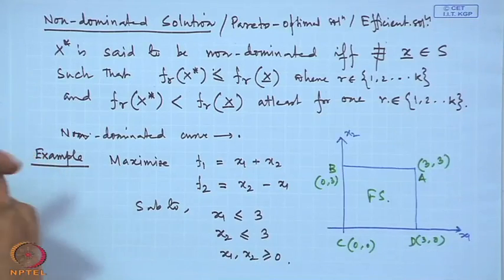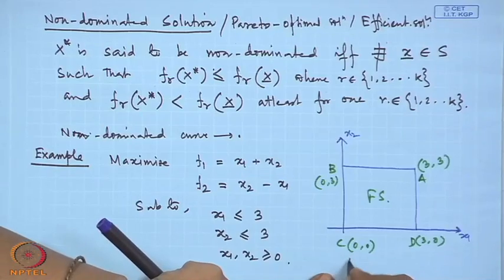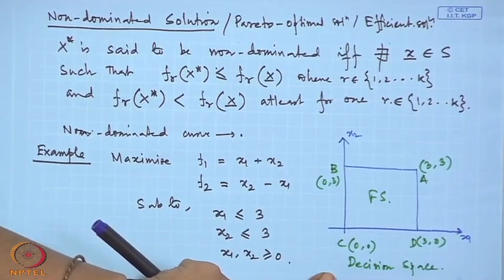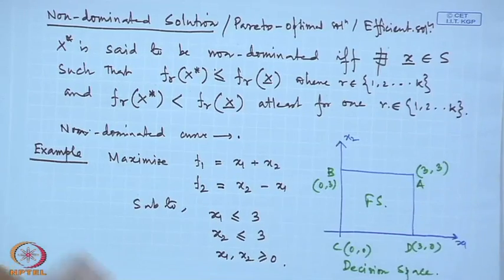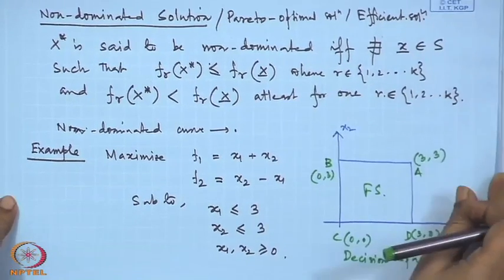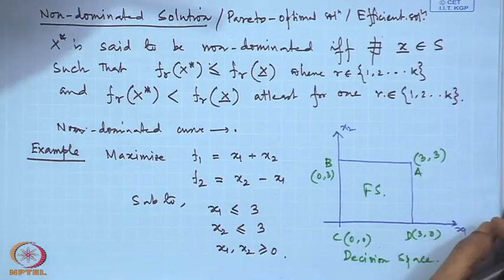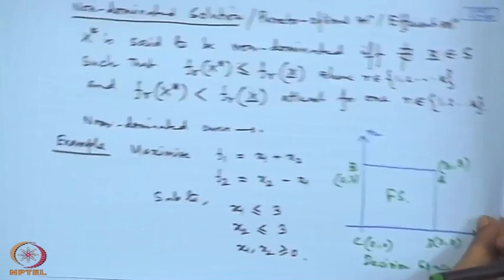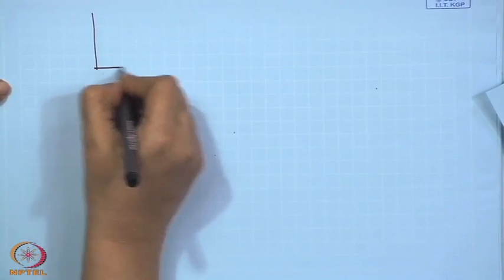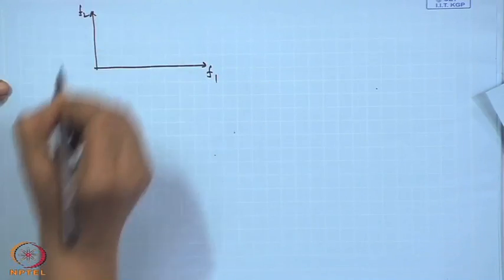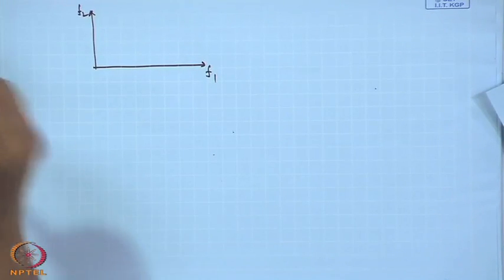Now, this is the decision variable space, which we call the decision space, and I will explain the non-dominated frontier here. Once I convert the decision space, I will map the entire situation into the criterion space. This is the criterion space for us.